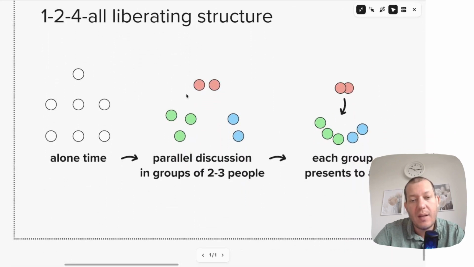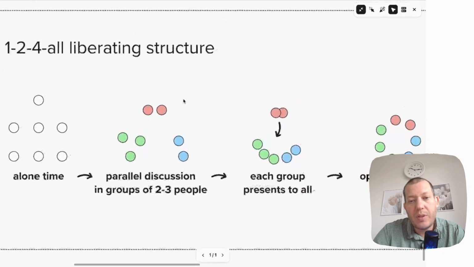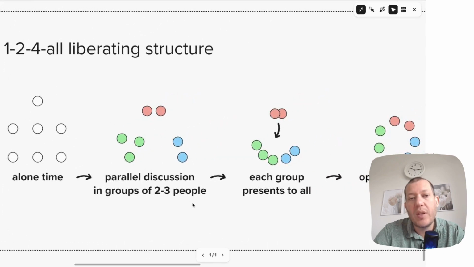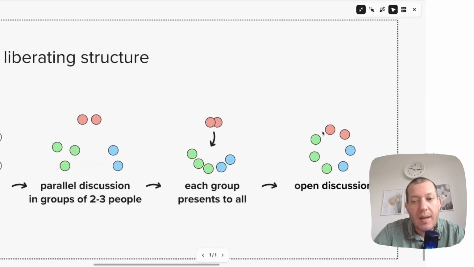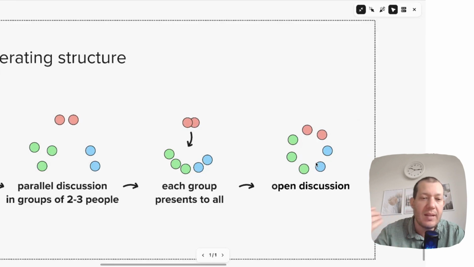So again, you split people into groups or even alone time to think of solutions, what to apply. You then present each other's ideas, then you have some open discussion, but then at the end you have to have a decision.